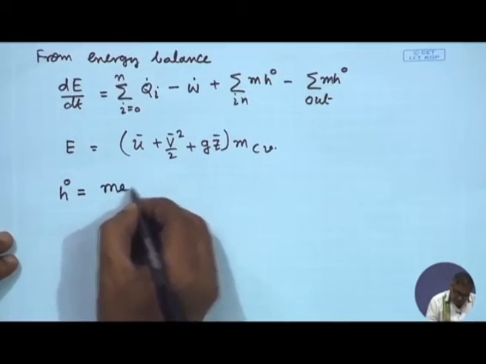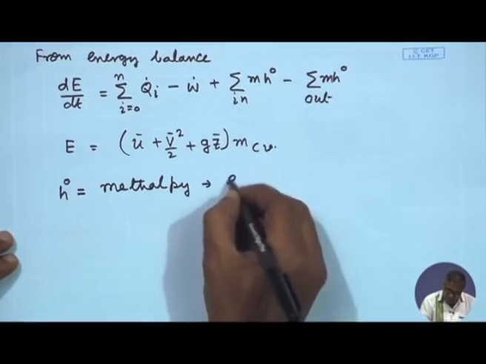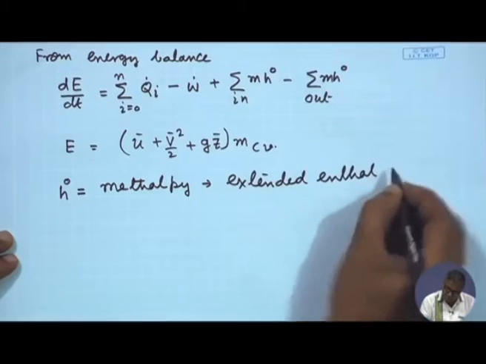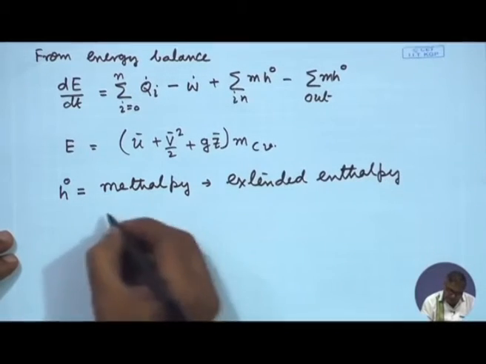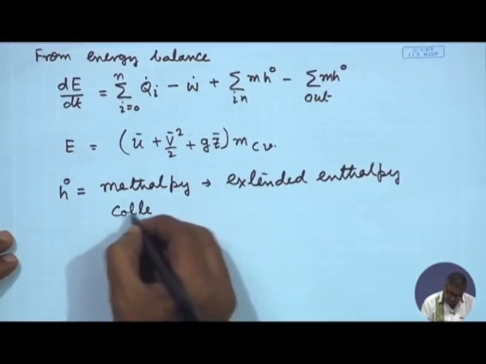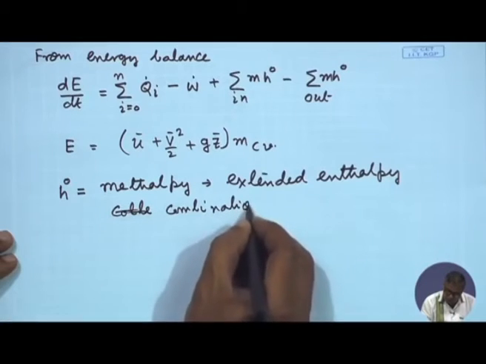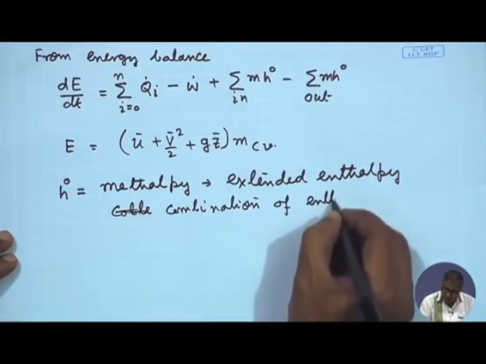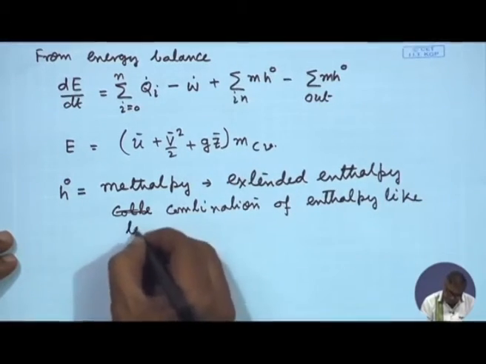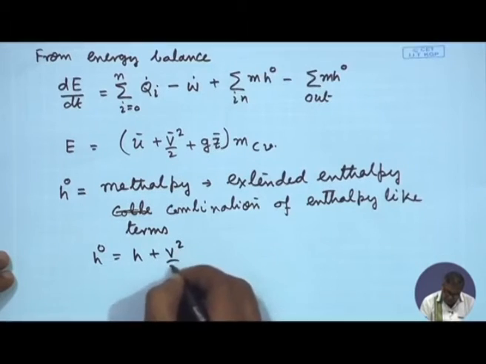This is called extended enthalpy. It is basically a collection of enthalpy-like terms: h plus V square by 2 plus g z.